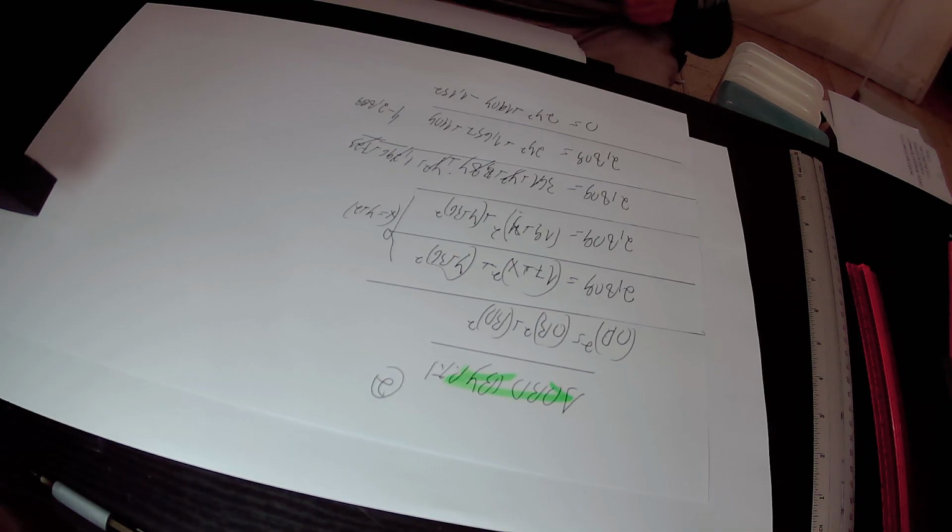So we find that 0 equals 2y squared plus 110y minus 1152.